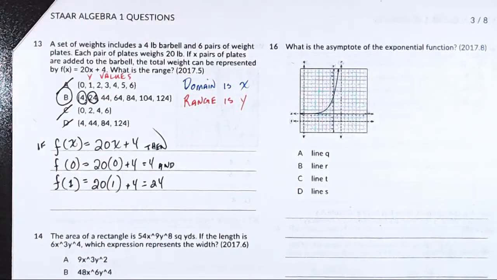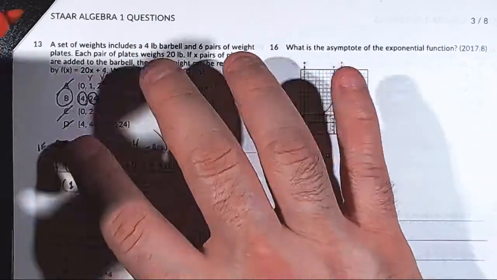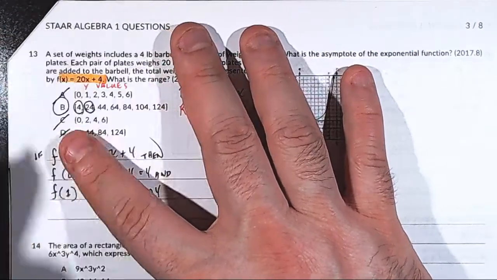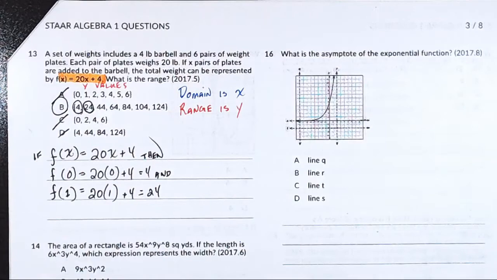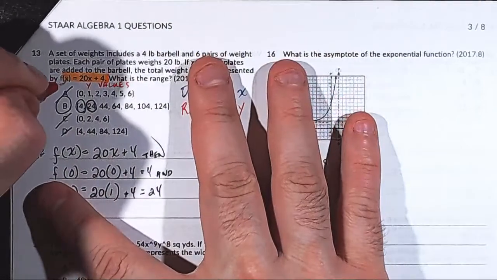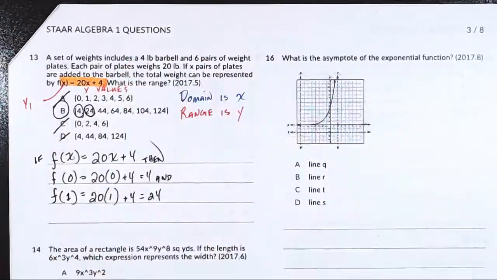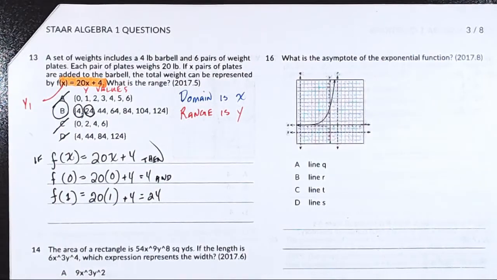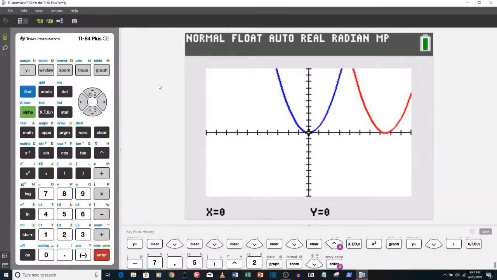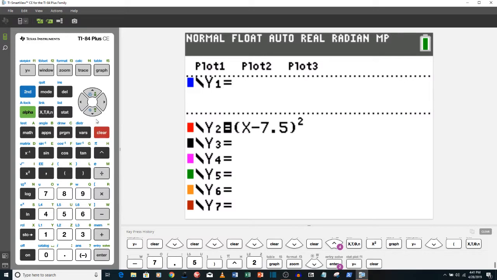If you didn't know how to evaluate these functions, or you were just confused, then just notice that they're giving you a linear equation right there. And what we're going to do is put this in y1, and then we're going to hit second graph to see the tables. So jump over to the calculator, go to y equals, clear everything out.